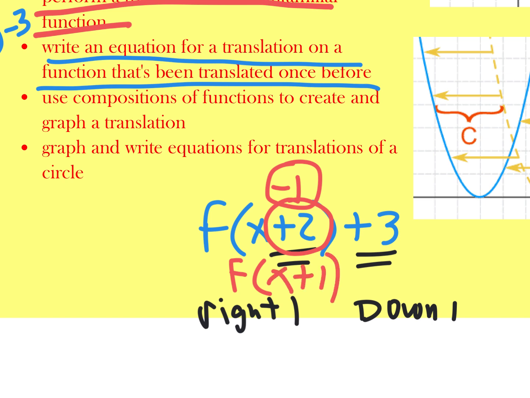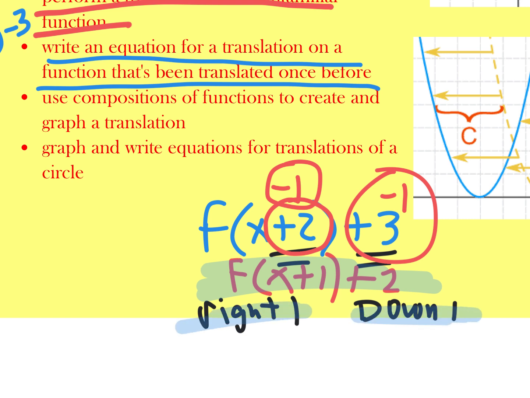And the down 1, well, going down 1 is like a minus 1 here. And so this 3 tells me I should go down 1 from there, so plus 2. And here's my new function then. That was the blue one, and then it moved right 1 and down 1, and now it's this one I just highlighted right here.